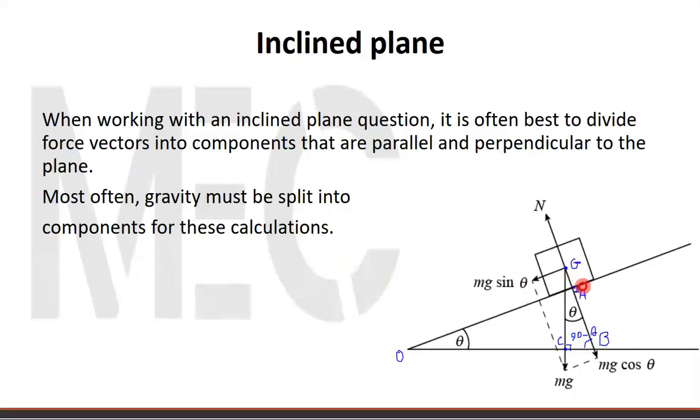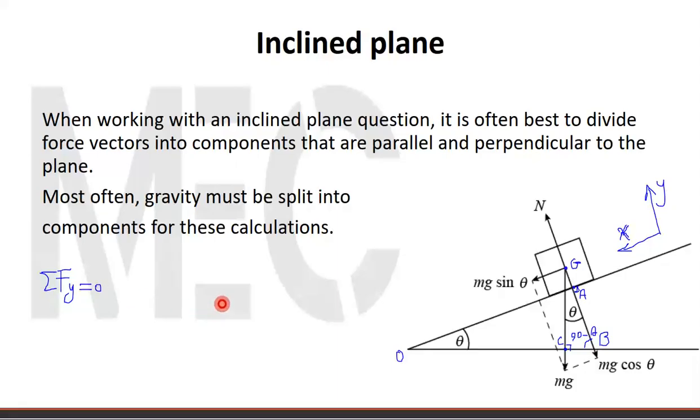So now we can start to study the motion of this box along this line, because we know what vectors are applying. We usually take this to be the x direction, parallel to the surface, and perpendicular to the surface the y direction. Can we say that we have no motion in the y direction?